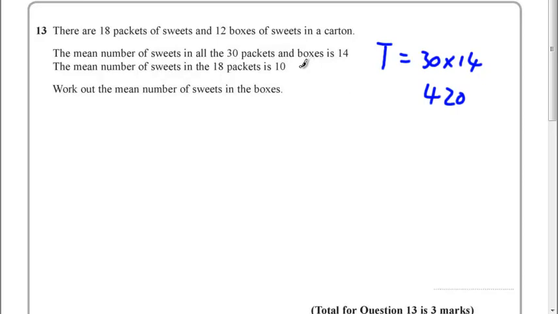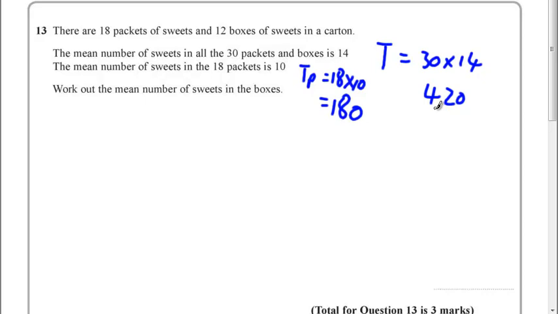And then the mean number of sweets in the packets, the total in the packets, equals 18 times 10, 180. Let's see where we go from there. So that's the total number of sweets in the packets.